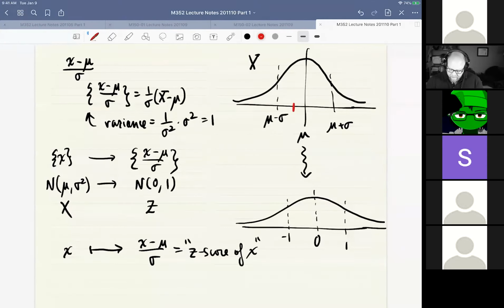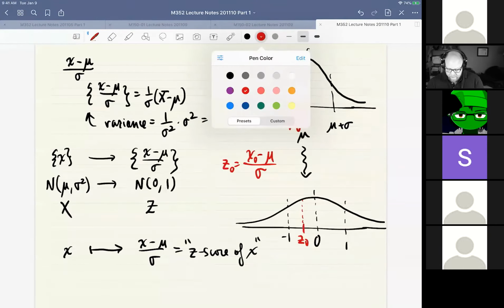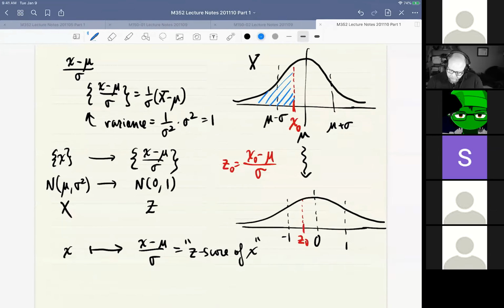If you've got some x naught that's distributed from X, it gets transformed to a z naught. So let's write that z naught equals x naught minus mu over sigma. What happens is that the area here, which is the probability X is less than or equal to x naught, is the same as the area down here, the probability that Z is less than or equal to z naught.